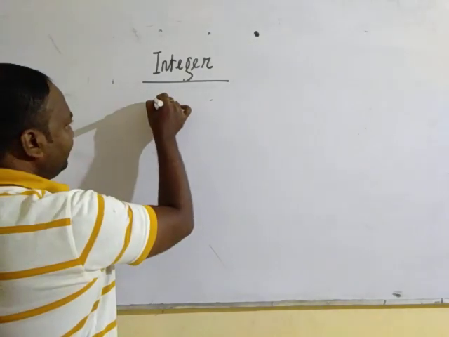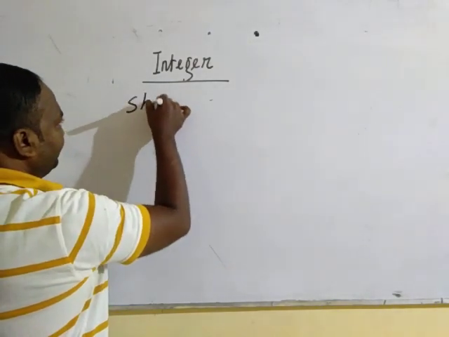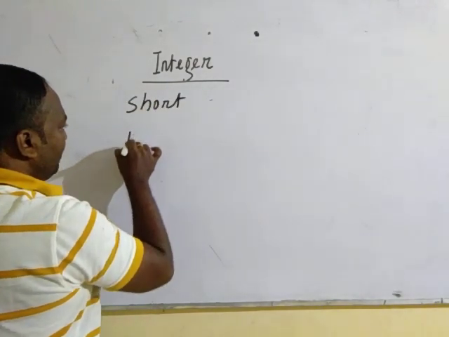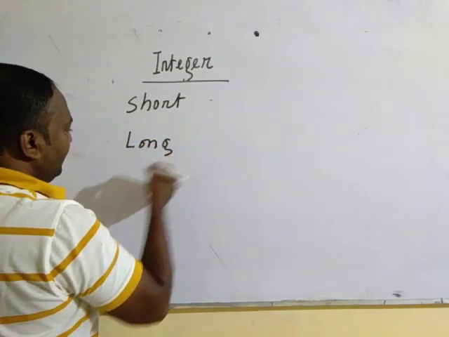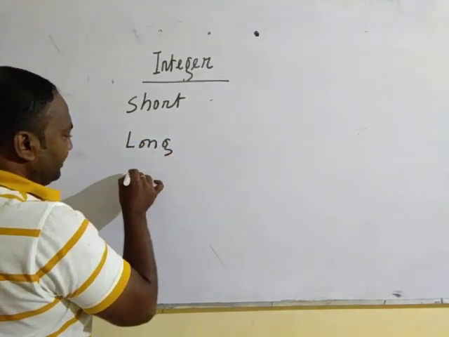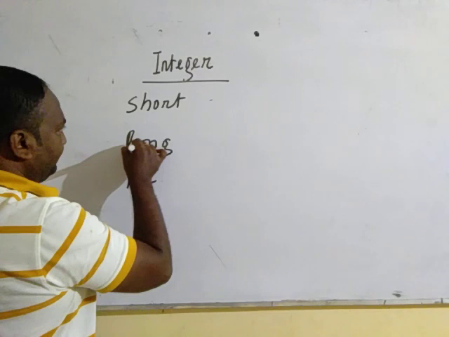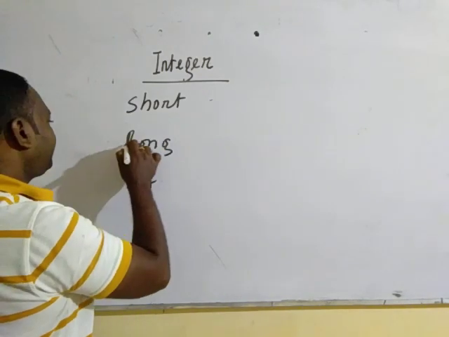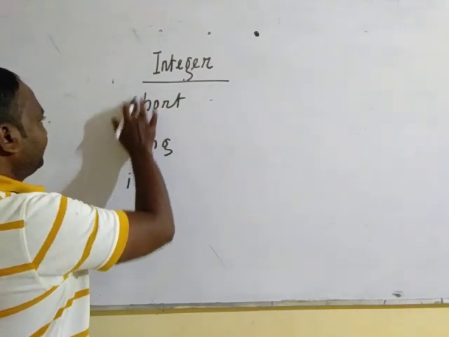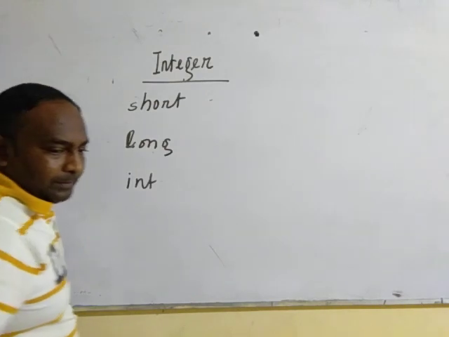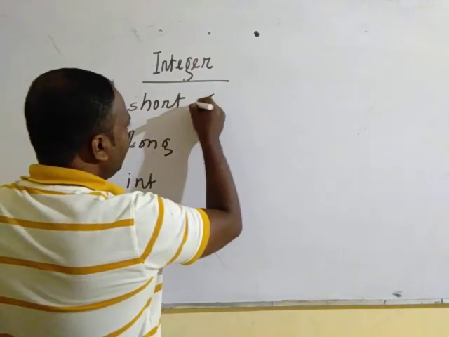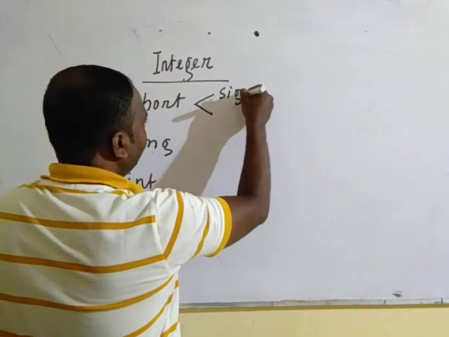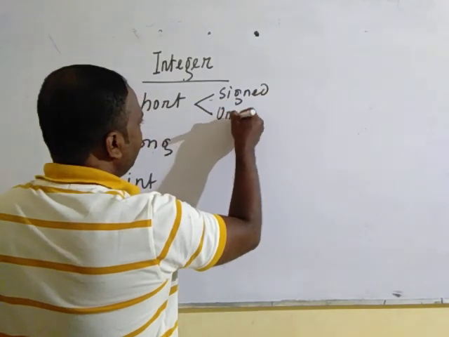Integer data types are of three types. One is short, one is long, and one is int. Short data type can be signed, can be unsigned.